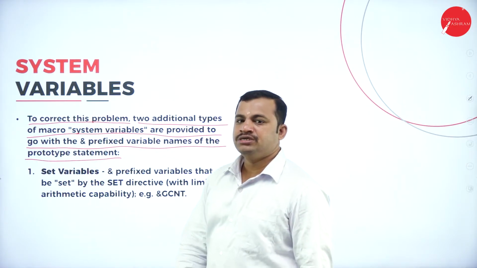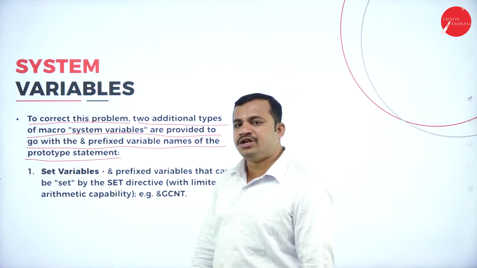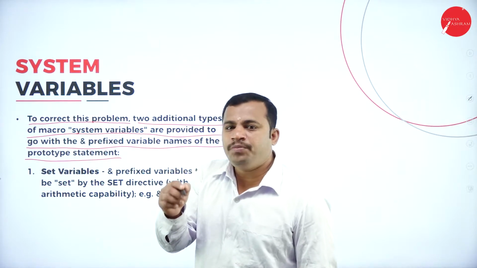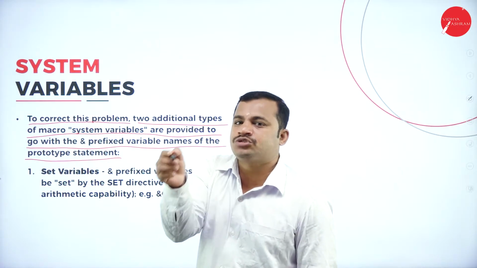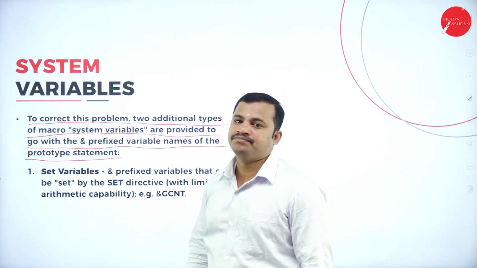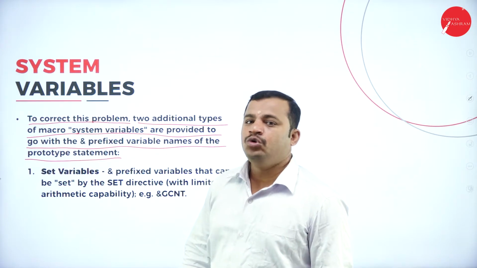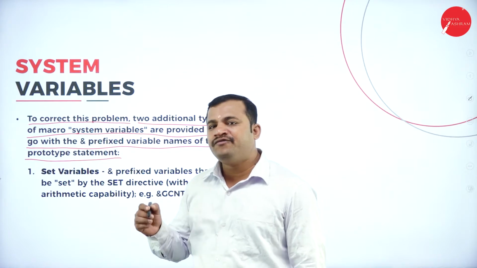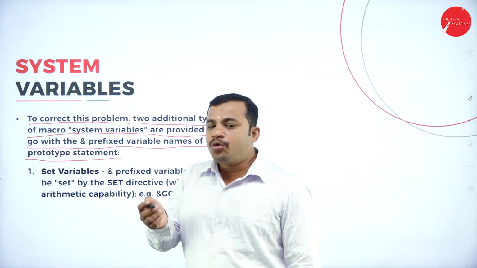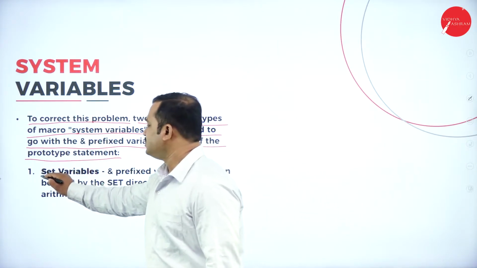That means, suppose there are some variables which get generated more than once, that leads to duplication of labels in the expanded version of the source program. In order to avoid such problems of duplicate labels in the expanded version of the program, they thought of providing a solution in the form of set variables.